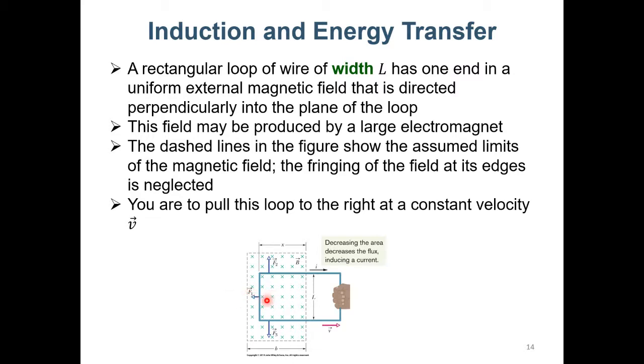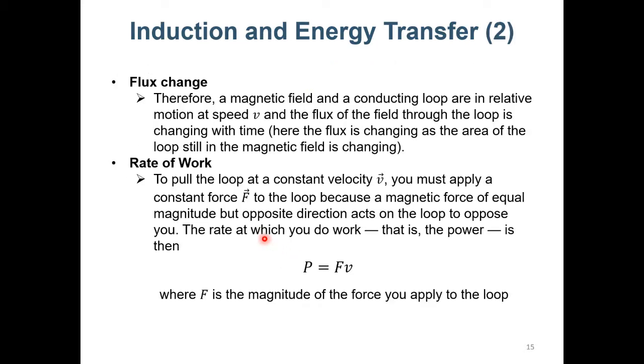We try to pull it to the right, but actually the magnetic field will try to forbid you from doing so, although it fails to forbid you. But there is a force acting to the left. Okay, let me continue this part first.